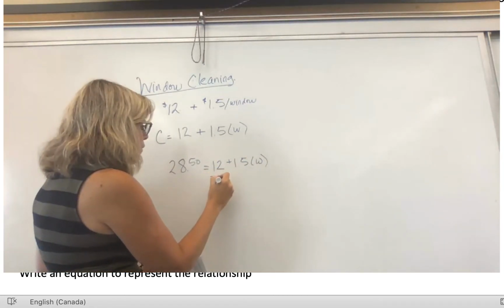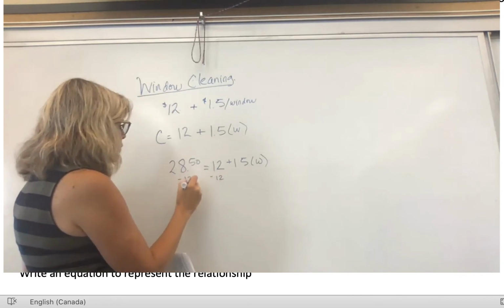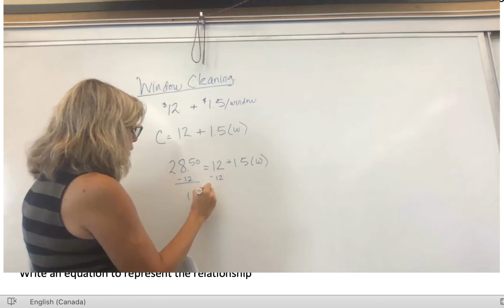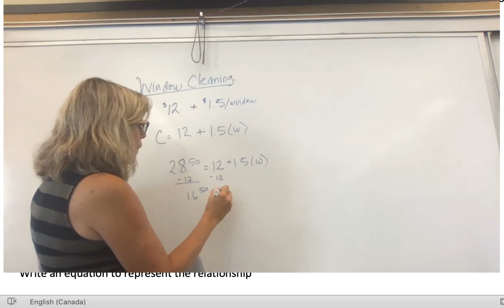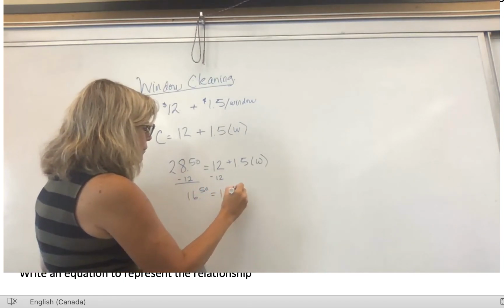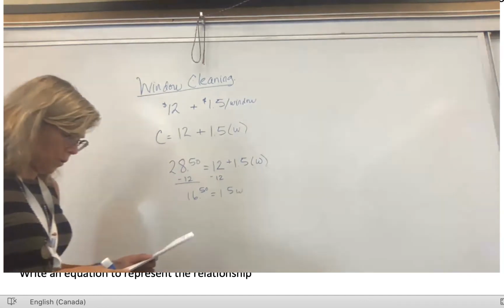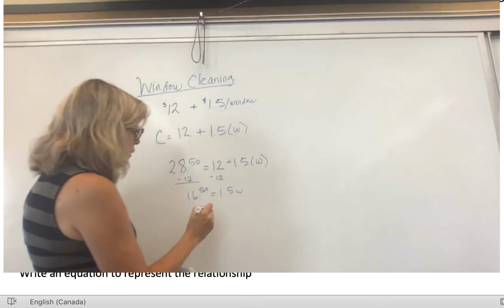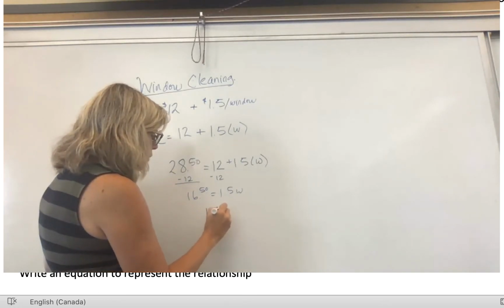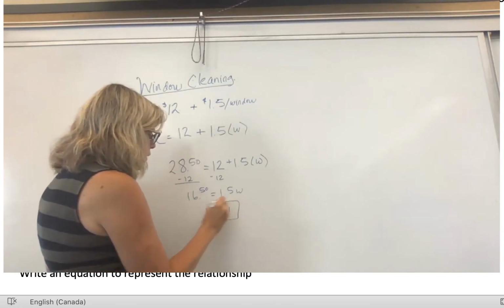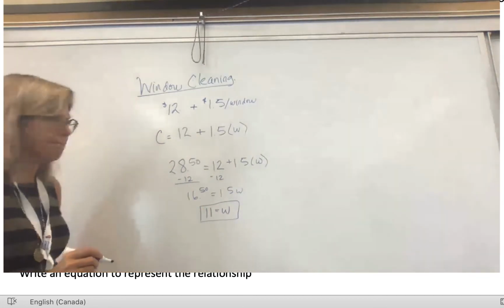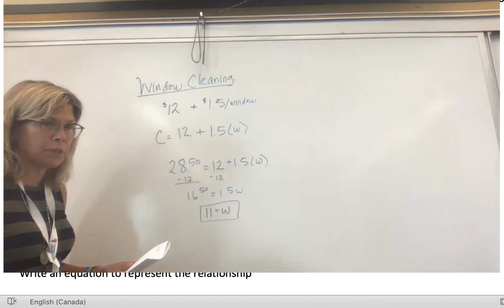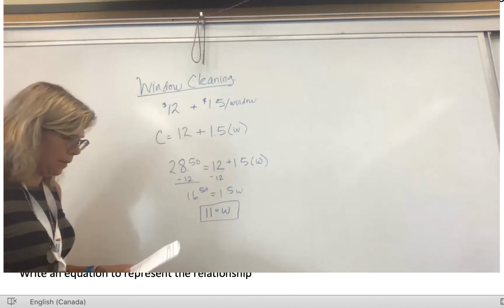So minus 12 and minus 12, so this equals 16.50 equals 1.5 W. And then W equals 11. So 11 equals W. So he cleaned 11 windows. He got paid $28.50 and he cleaned 11 windows. They must be very small windows, and they certainly aren't up on a high building.